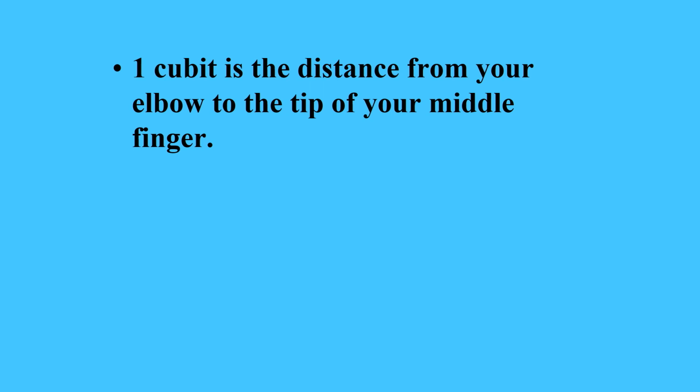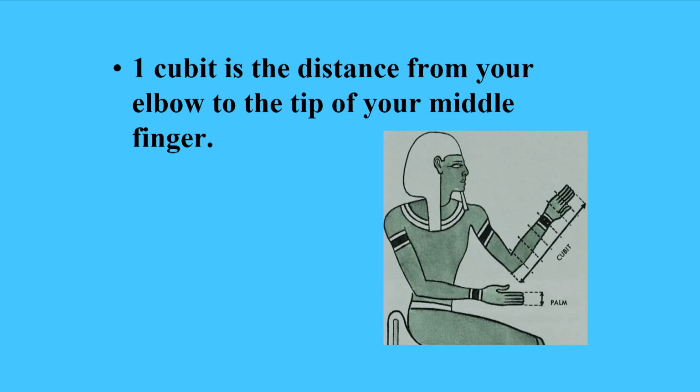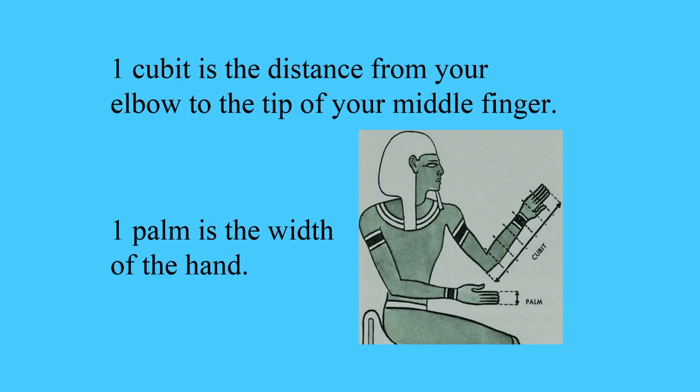The first one is the cubit. It is the distance from our elbow to the tip of the middle finger, as shown in the diagram. They also use the palm, which is the width of the hand.